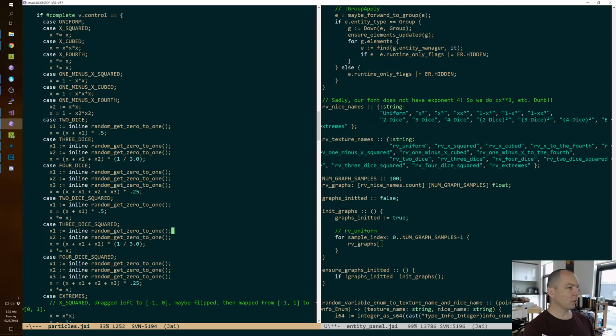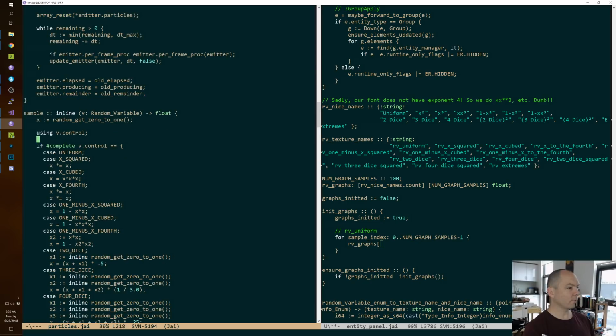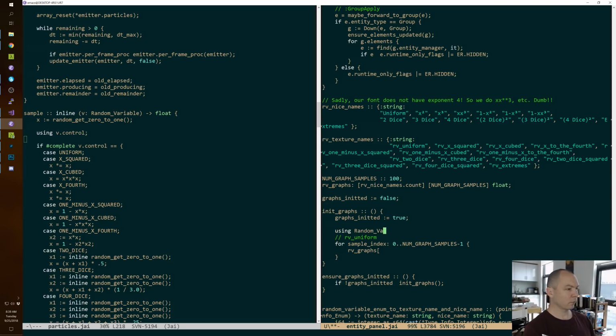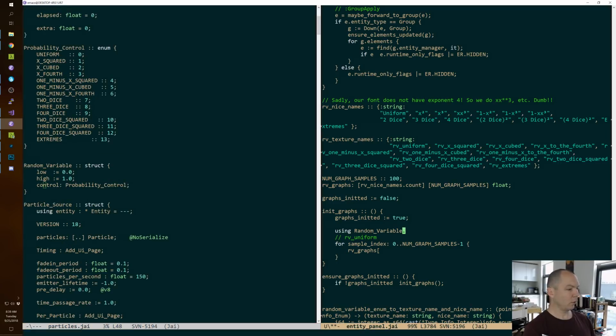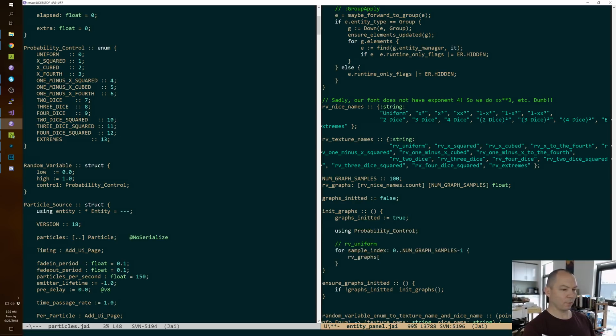What are these actually called? Using probability control. That's the enum. So uniform.